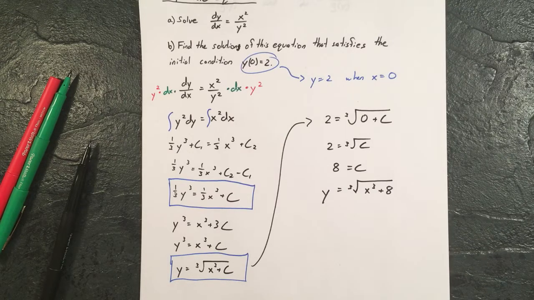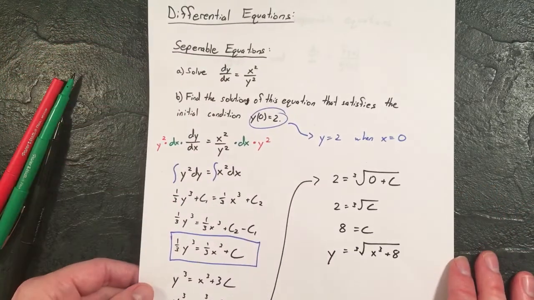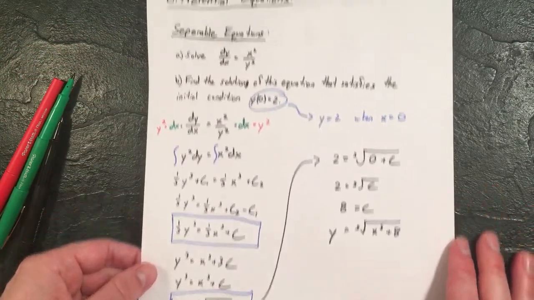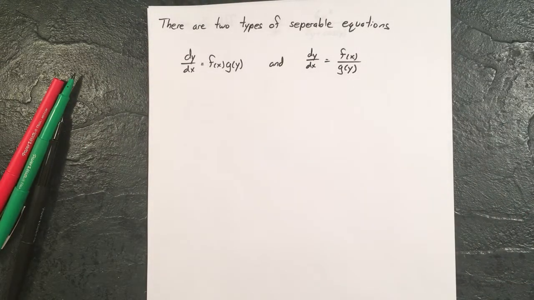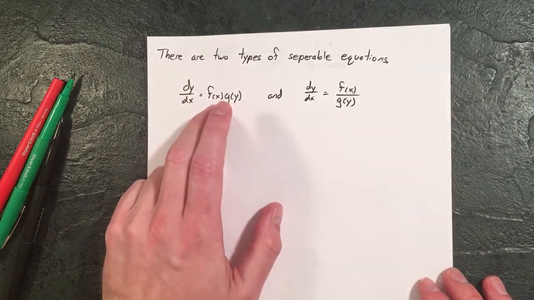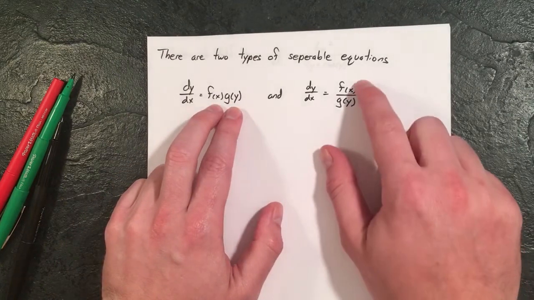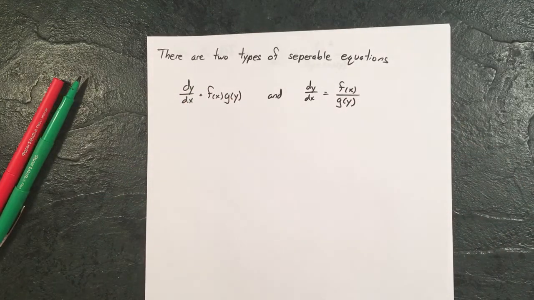Okay, that's pretty much going to be how differential equations work. Everyone got it there? Okay, so there's really only two types of differential equations that we're going to come across. One's where it's f of x times g of x, and one where it's f of x divided by g of y, and that's what I should have said on the first one. And how we go through and solve these is we need to separate variables.